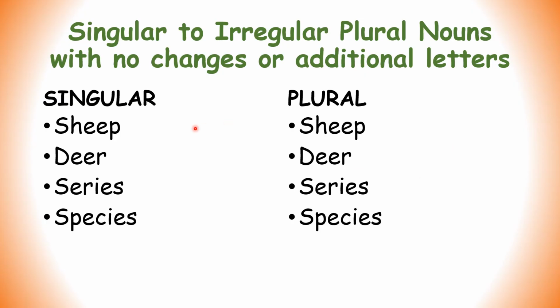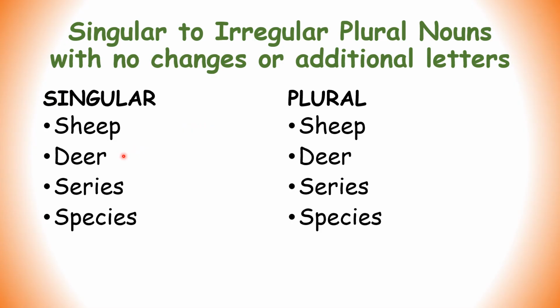Okay, for example, the word sheep. Even if there is only one sheep or many sheep, singular or plural, the word will still remain the same. Singular sheep, plural will still be sheep. You do not add the letter S, you do not change it to IES, you do not change the spelling.